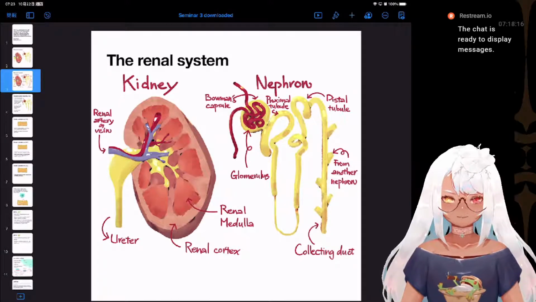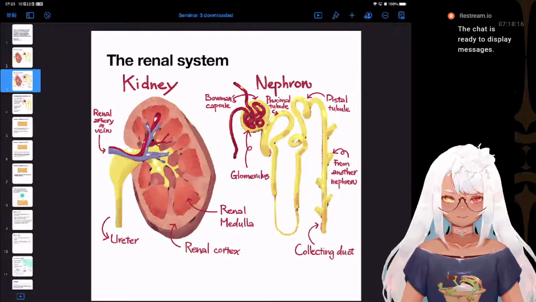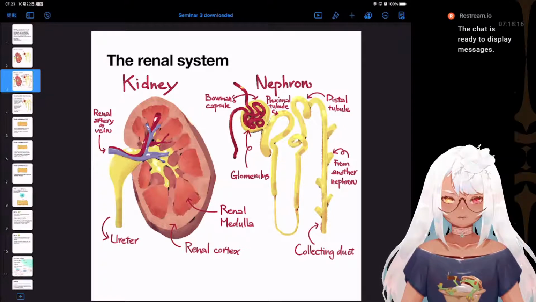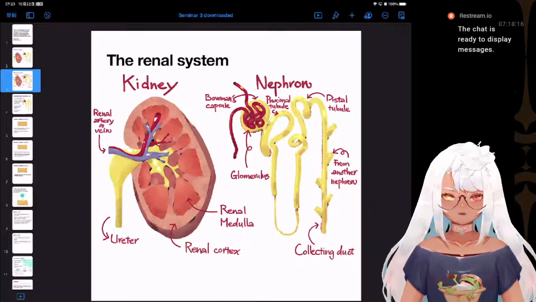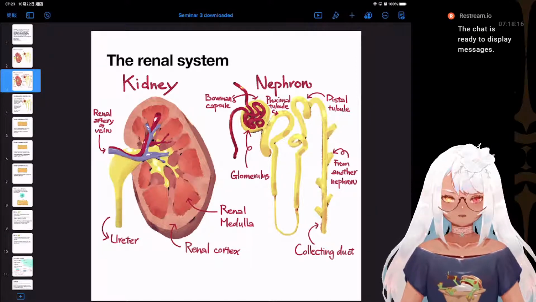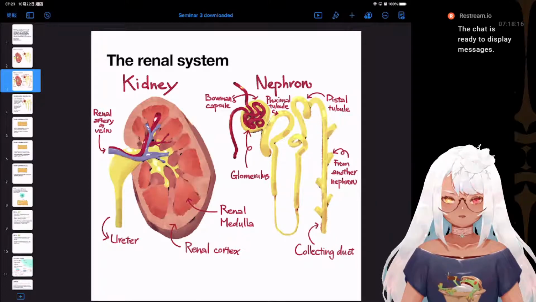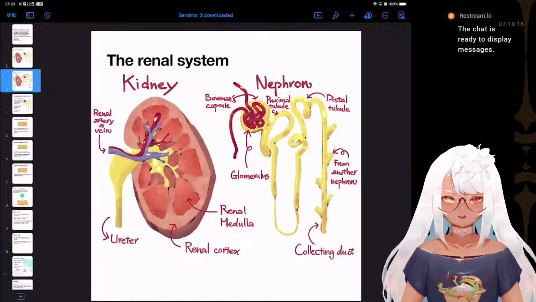Here, in the nephron, our blood will be filtered by the glomerulus, proximal, and then distal tubule. The reusable substances such as protein, amino acid, and ions will be reabsorbed, and the rest of them are considered waste and are propelled into the urine, go to the bladder, and are secreted out of our body.